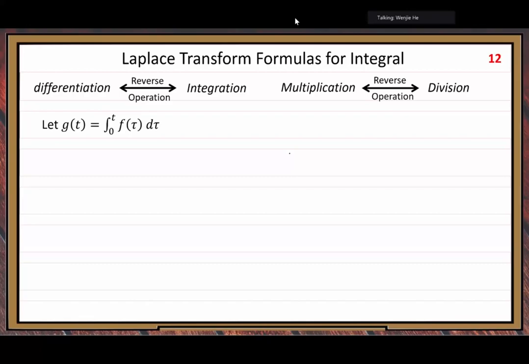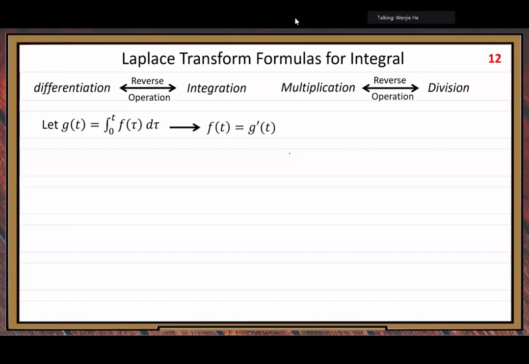All right, so let's do the calculation. Let g of x be another function to represent the integral of the f function. When we do the manipulation, sometimes working on g of x is a little easier.